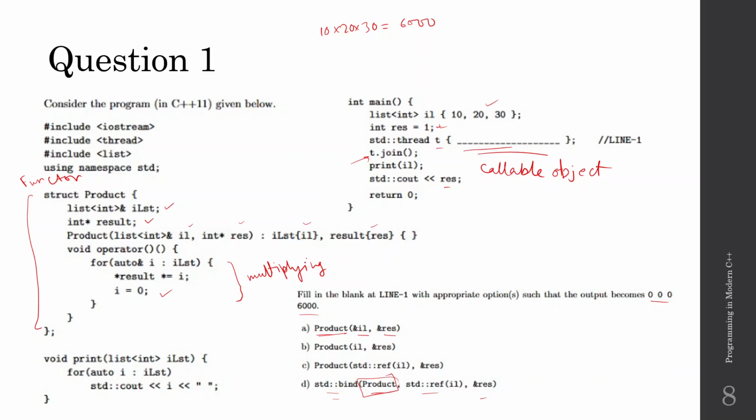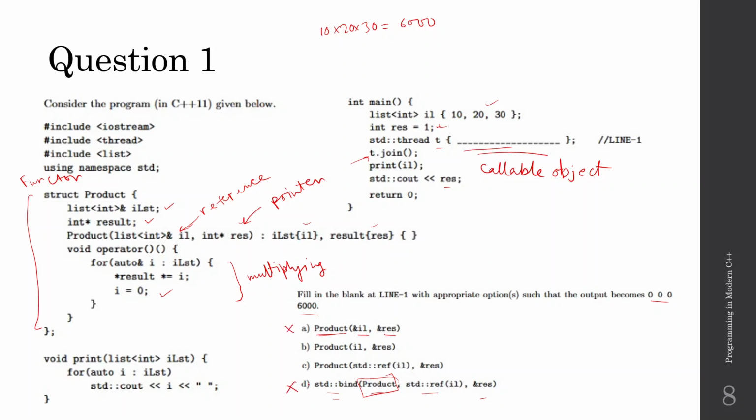Now this will not work because the constructor accepts a reference to the list, and the output should be stored in a pointer. So this will not work.